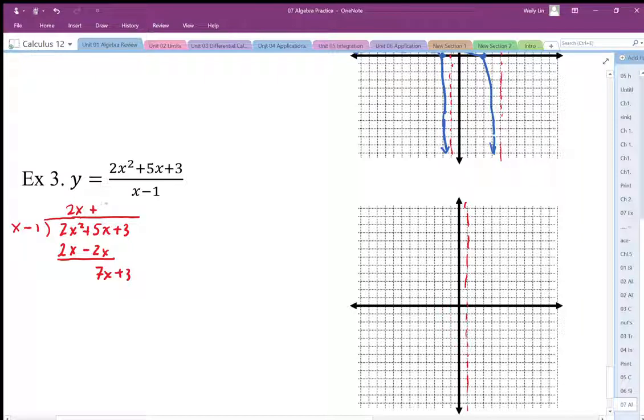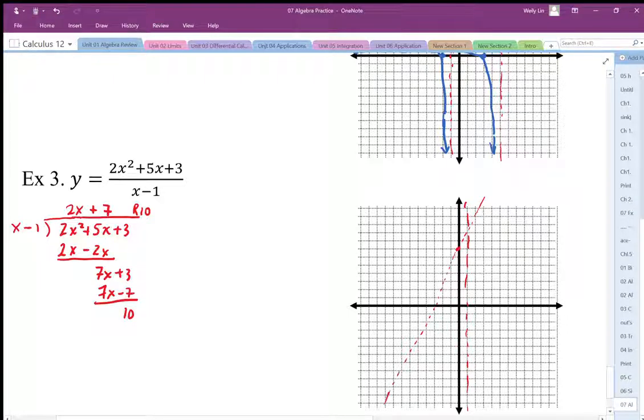So I get plus 7. So I end up with 7x minus 7, and I get a remainder of 10. Okay, so that remainder actually does tell us something, but it's kind of redundant information. So that becomes my slant asymptote. I've got a slant asymptote at 1, 2, 3, 4, 5, 6, 7. Okay, it's got a slope of 2, so it's going to look like that.